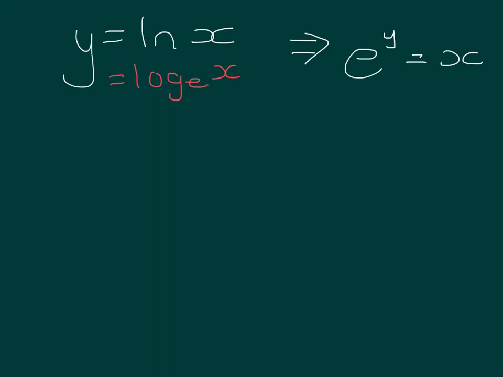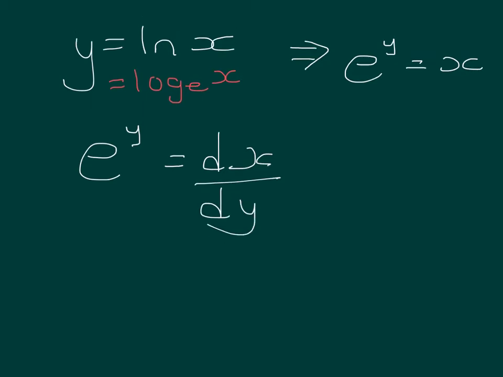Right, so now if I want to differentiate e to the y, I can differentiate x with respect to y, because my function is x is equal to some function of y. It's like f of y, really.